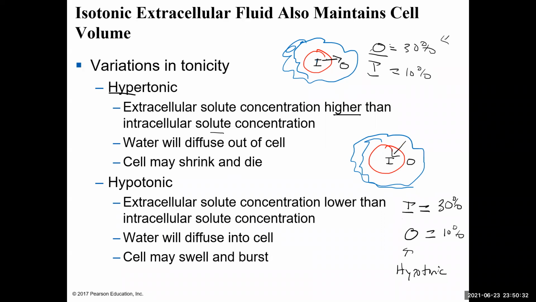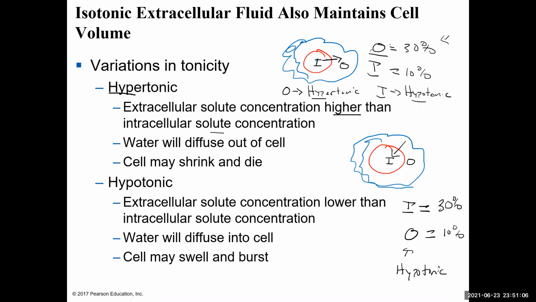Okay. Now, one thing I want to point out here is we talk about tonicity relative to the two fluids. Okay. So in this top example, right, the outside, the extracellular fluid is hypertonic. That means the intracellular fluid is hypotonic. Okay? Because the most is hyper and the less is hypo. And you refer to it as each solution. Right?